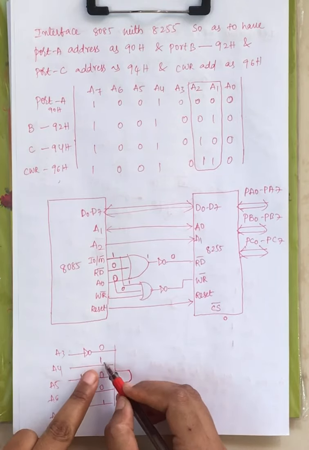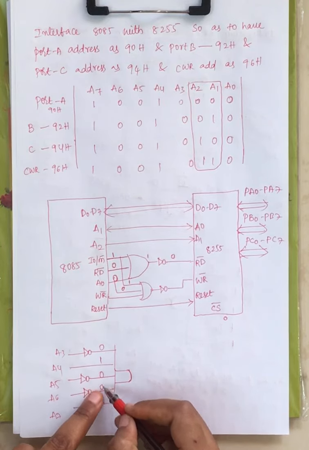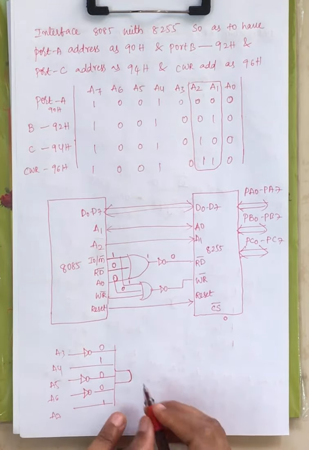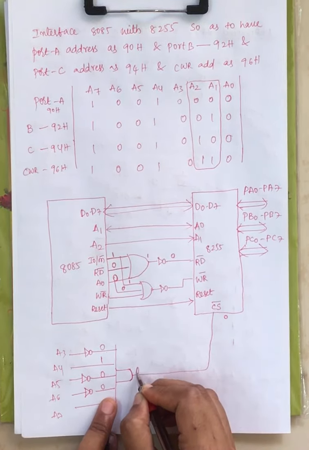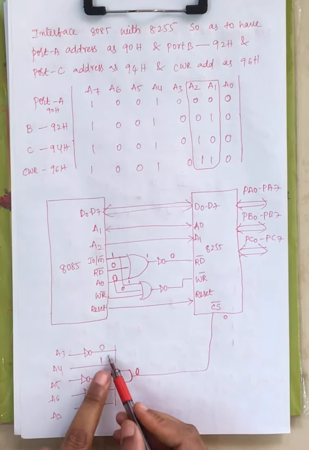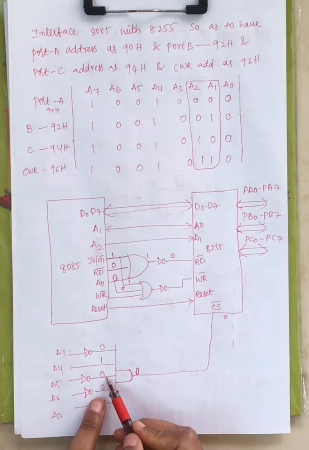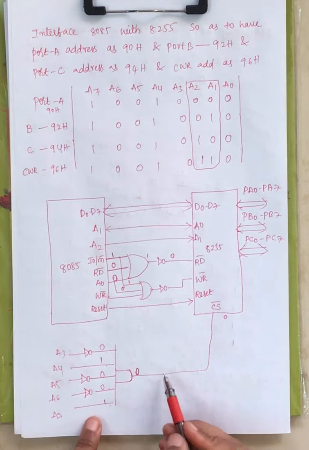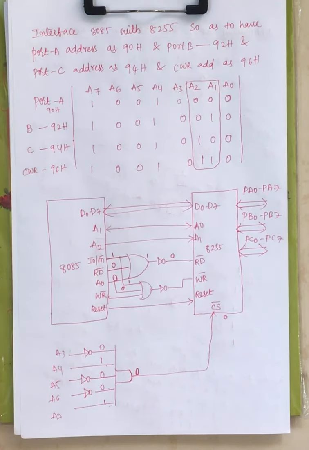If I AND these address values, for 0 1 anyhow it is logic 0. For 0 with 0 0, and 0 with 1, it is 0. Directly you can connect to the chip selection pin. This is how to interface your 8085 with 8255 under IO mapped IO.